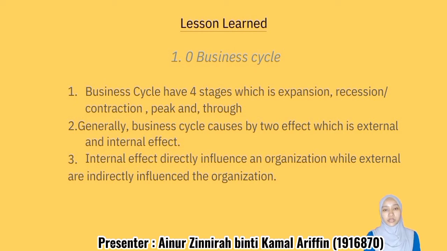So, I will proceed to the lessons learned or conclusion from the topic we have been discussing. The first fact that we learn is that the business cycle has 4 stages of pattern over time, which are expansion, recession or contraction, peak and trough. Expansion basically means the point where it is generally stable or normal, where profit is steadily growing, production and unemployment remain low, and the market is well.